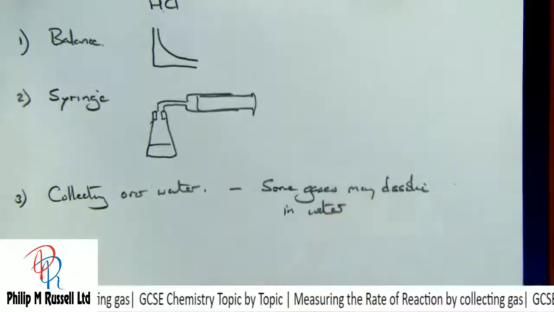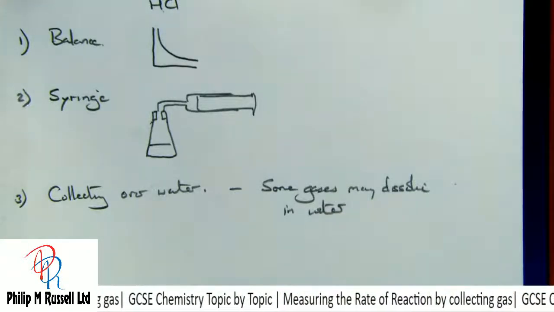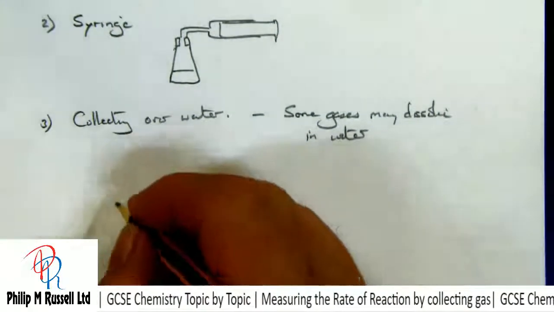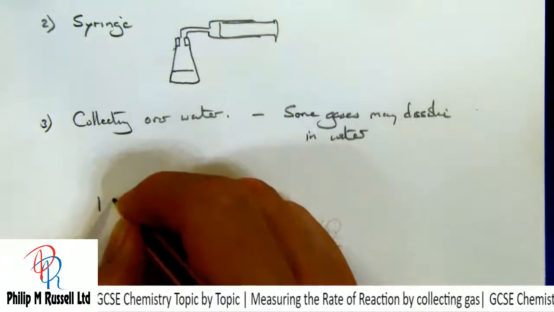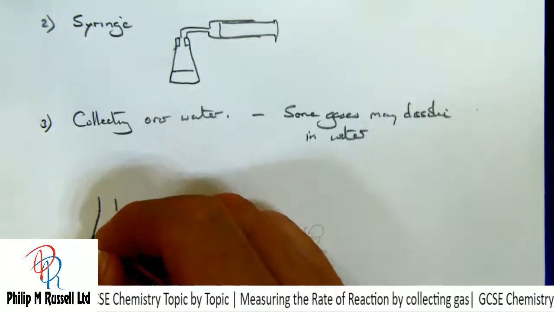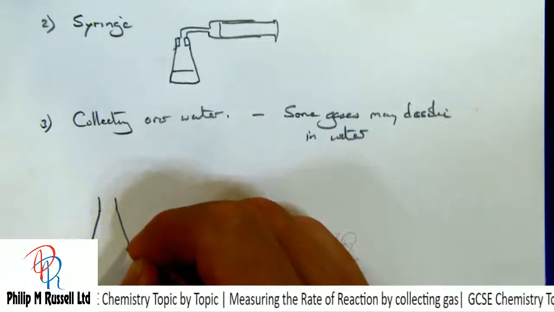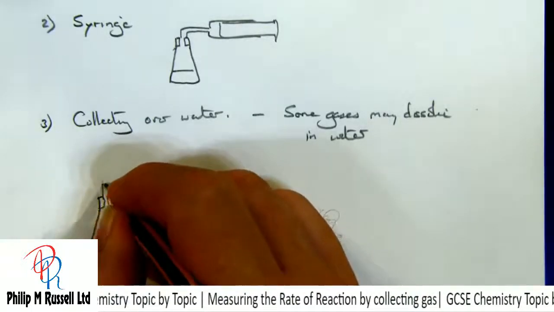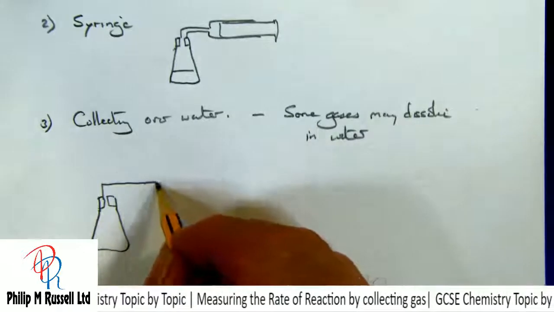They nearly all do, but not necessarily very much and very quickly. So as long as we're reasonably quick, we're okay. And here we've got our flask. The flask connected to a piece of tubing.